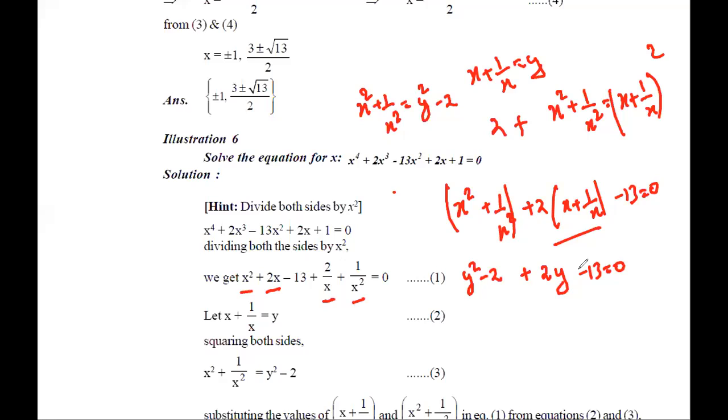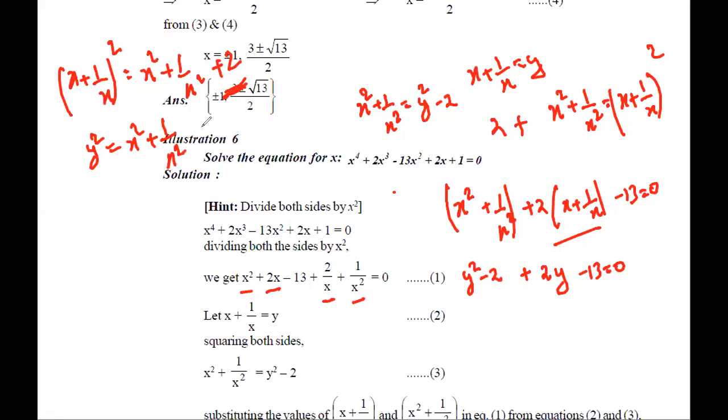अब वे मैंने वही समझाया ना अभी, तुम एक बार सॉल्व करके देखो तो सही. देखो एक बार क्या होता है. x plus 1 by x whole square क्या होगा? x square plus 1 by x square plus 2 तो इस साइड है ना, उस साइड जाके क्या हो जाएगा? -2 हो जाएगा ना. क्लियर है? और y is this, so this y square is equal to x square plus 1 by x square plus 2.